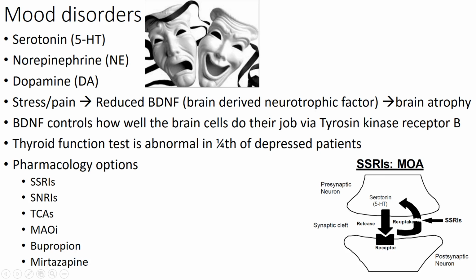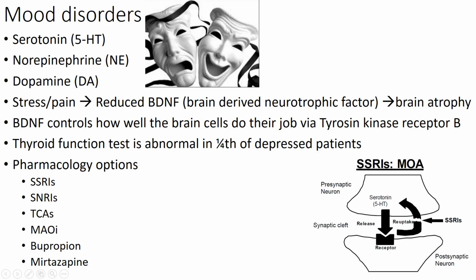So here we have our arsenal: SSRIs, SNRIs, TCAs, MAO inhibitors, bupropion, mirtazapine. There's more. Let me tell you what these mean. SSRI, selective serotonin reuptake inhibitor, which means it's putting more serotonin in the synaptic cleft. SNRIs, serotonin norepinephrine reuptake inhibitors.